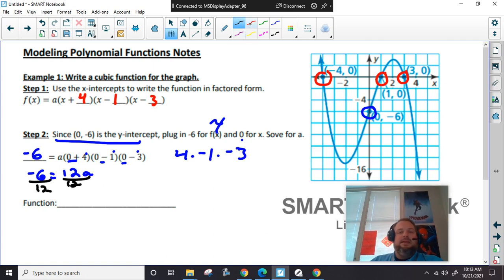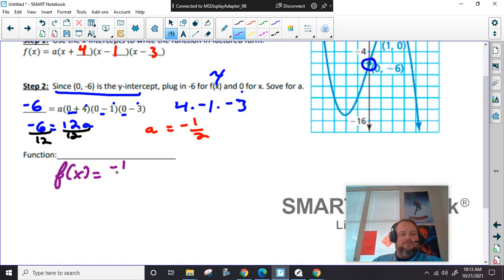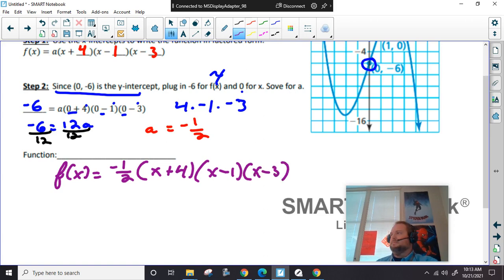So we actually end up getting a equals -1/2. And now we just write our function. So f of x equals -1/2 times x plus 4, x minus 1, and x minus 3.